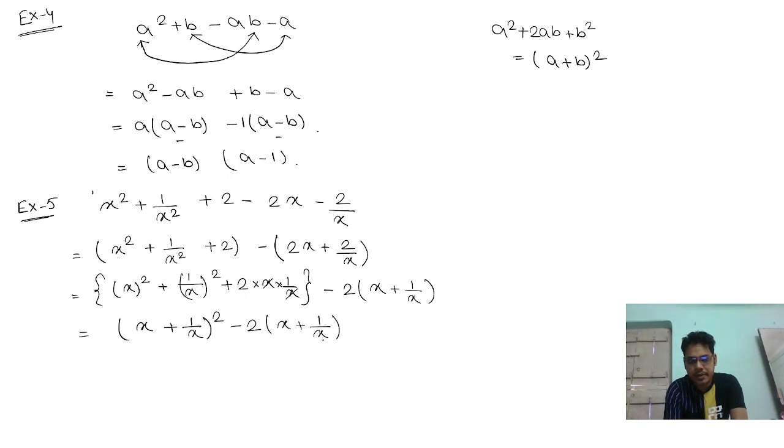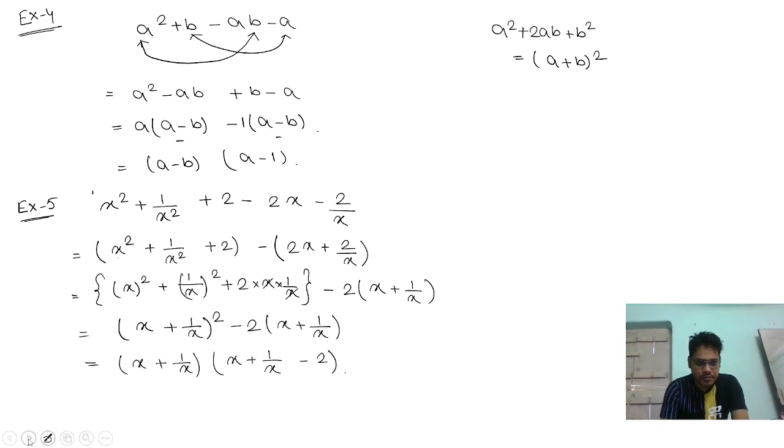Now x plus 1 by x whole square means it is x plus 1 by x into x plus 1 by x. So now take common x plus 1 by x. If you take common this, so it will be x plus 1 by x left there, minus 2. That will be the final answer of this question.